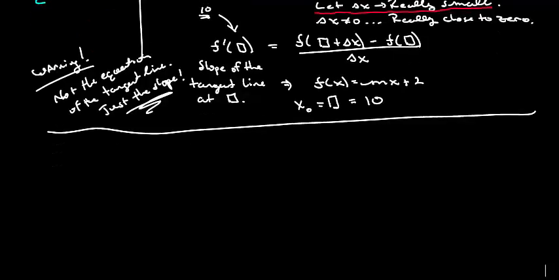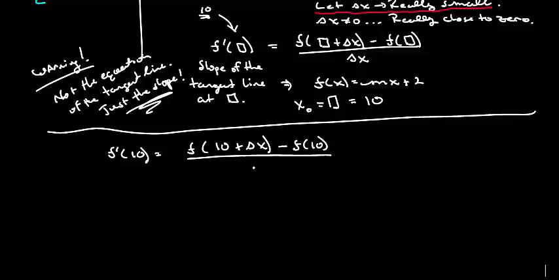So now we're going to go ahead and compute this derivative. F prime at 10 is going to be equal to f at 10 plus a little bit, minus f at 10, all over a little bit. Let's keep going through this. What is f at 10 plus delta x? Well, f of something is equal to m times something plus 2.